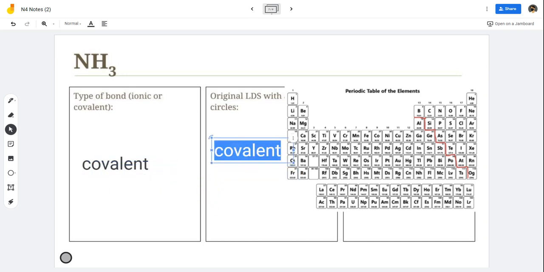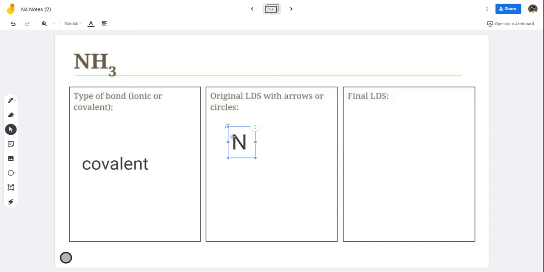And then here we're going to have one nitrogen atom. And this 3 means that there are 3 hydrogen atoms. So since nitrogen is in group 15, I'm going to have 5 valence electrons.